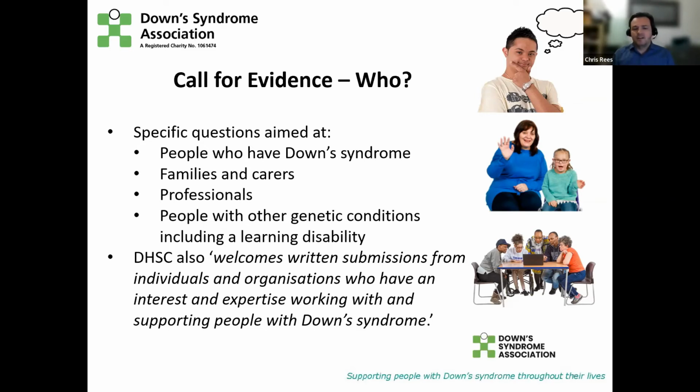How is it going to affect other people with learning disabilities or other children with special needs? So during the passage in Parliament, it was very clear that the consultation would reach out and engage with other relevant groups, such as people with other genetic conditions. That's an important thing that's highlighted throughout the call for evidence.